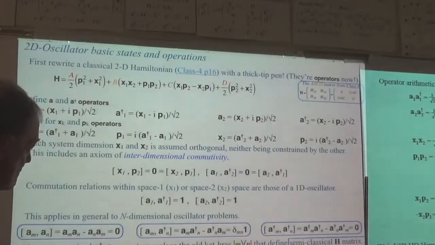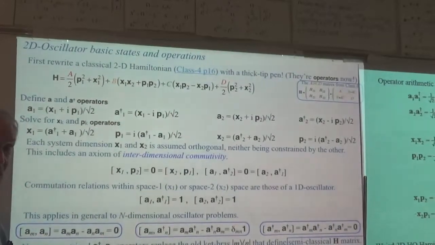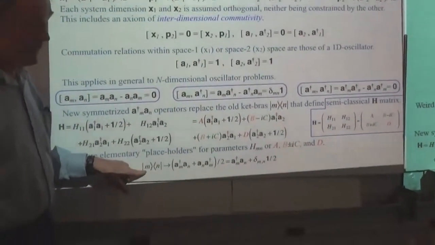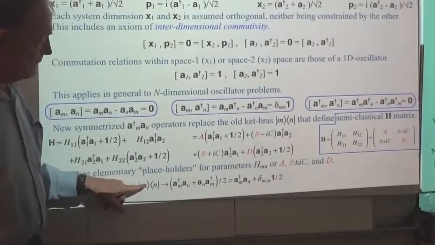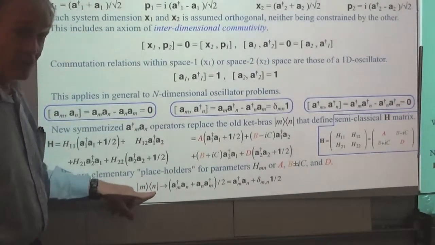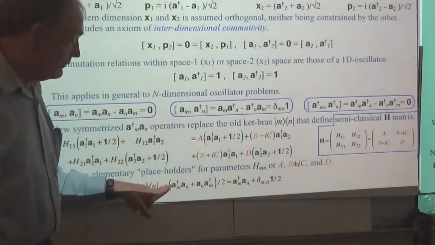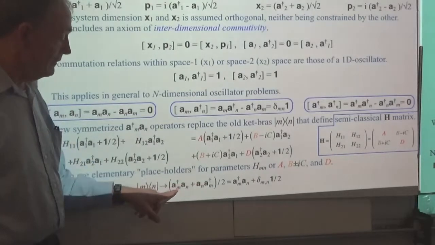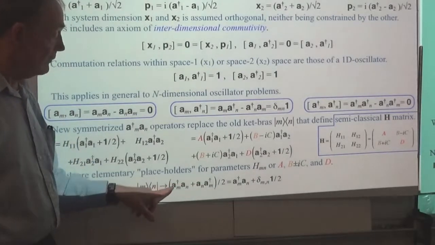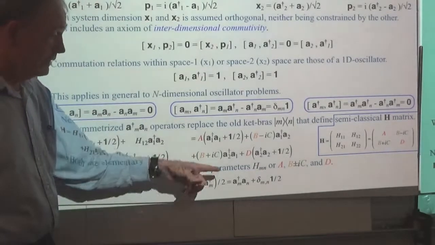Okay. Now, you see, if I was just writing the quantum mechanics of a two-dimensional oscillator, my main operator things would be these ket bras. We replace those ket bras, these Mn ket bras, with symmetrized A dagger Mn, you see, in this thing.